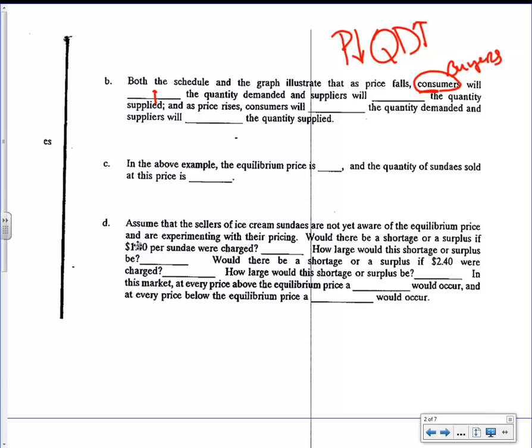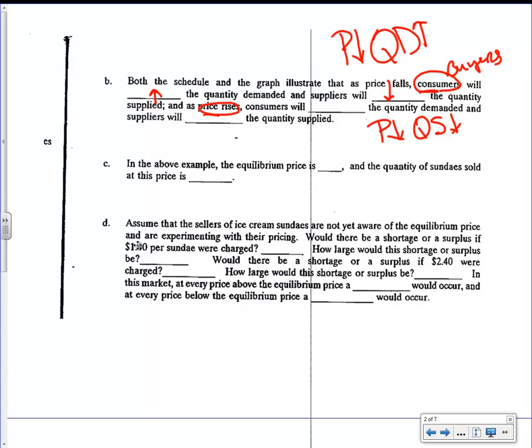Suppliers will decrease their quantity supplied, because as the price falls, quantity supplied also falls.